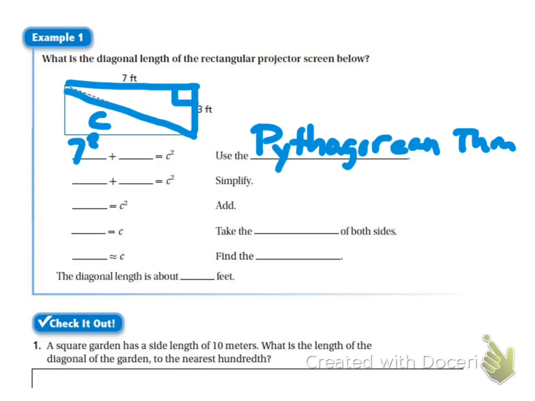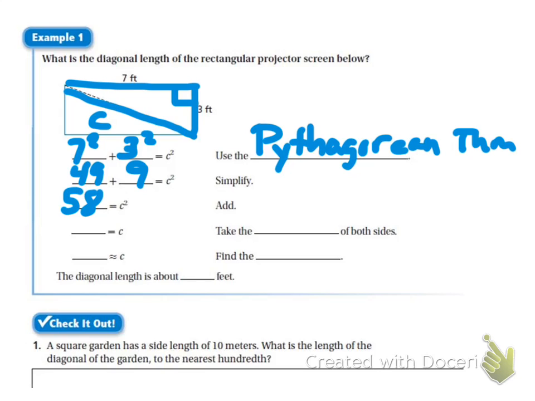So now I'm going to use 7 squared plus 3 squared. So 7 times 7 is 49. 3 times 3 is 9. So 49 plus 9 is 58. That's correct.